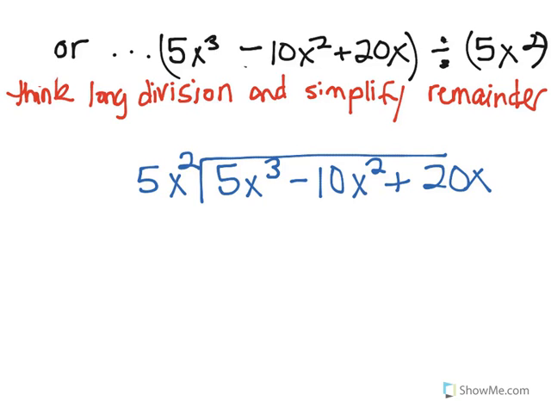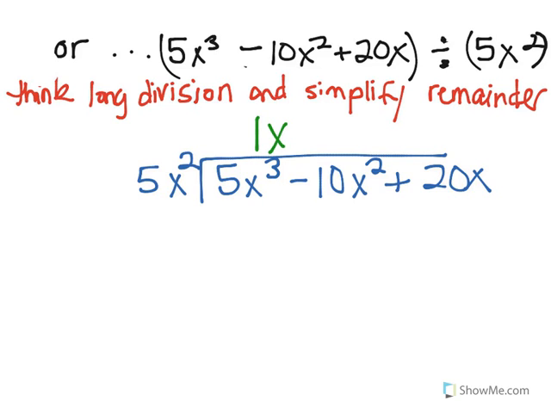We're supposed to start our quotient by dividing the first term of the dividend by the first term of the divisor. So 5x squared can go into 5x cubed 1 time, and by 1 times x.